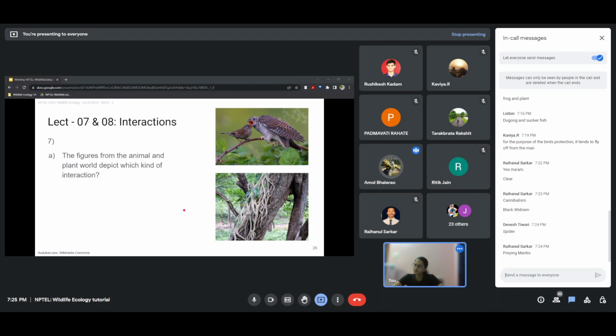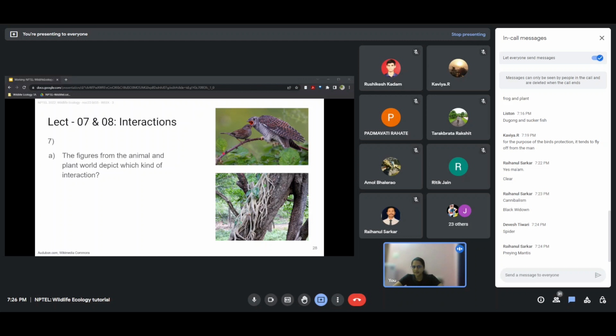Yes, correct. It is definitely a parasitic relationship, but this is the ficus species actually.